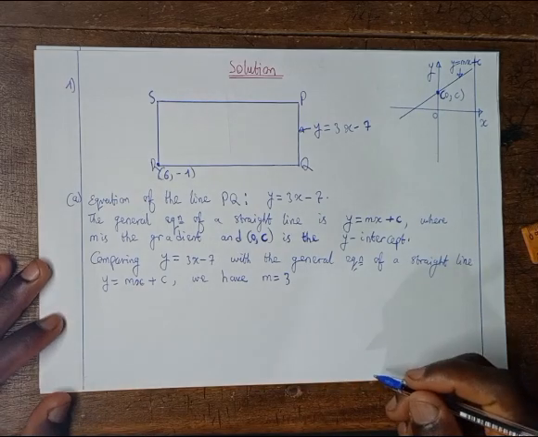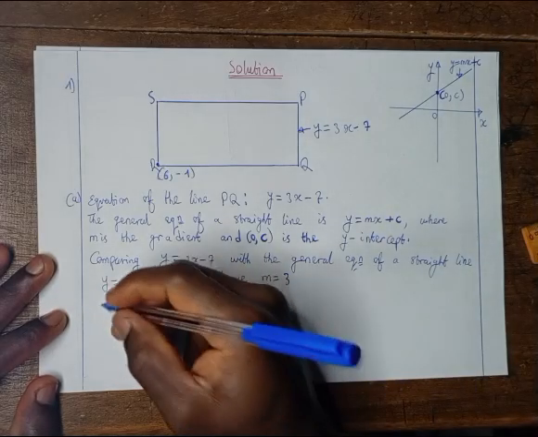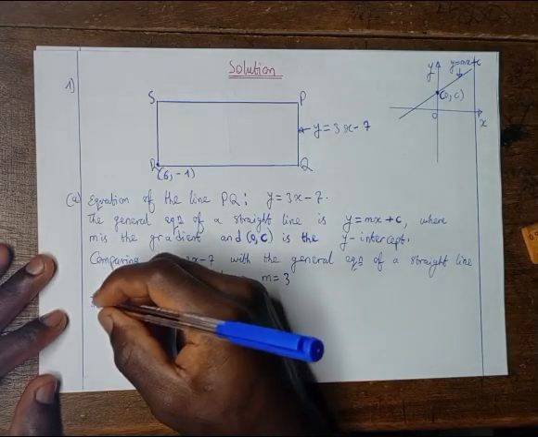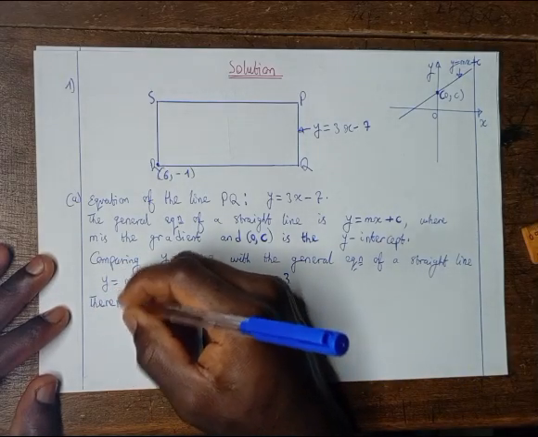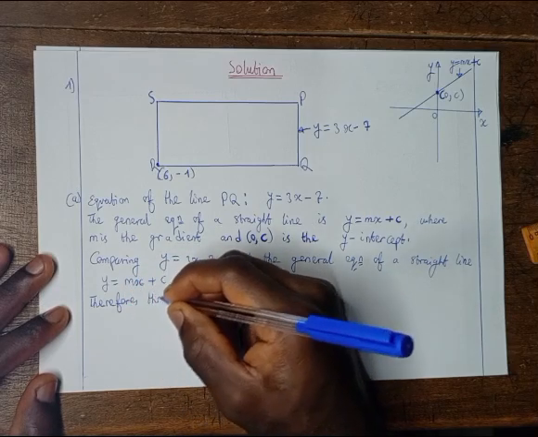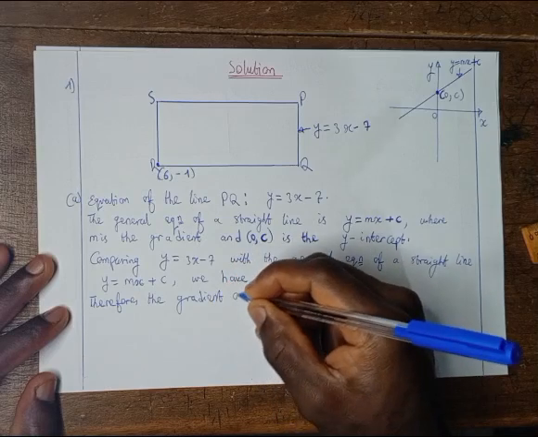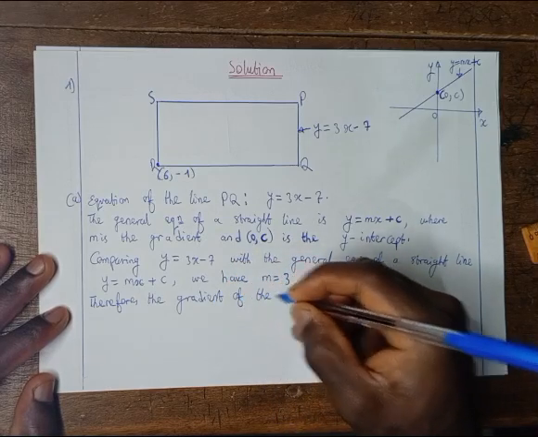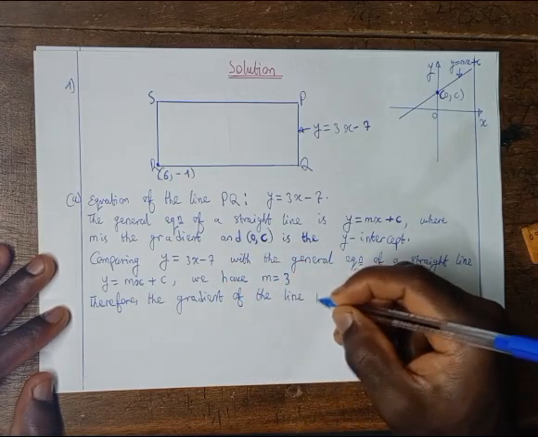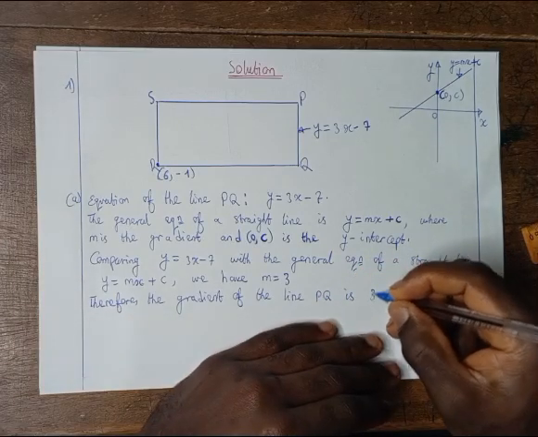We are going to conclude, therefore, the gradient of the line PQ is 3.